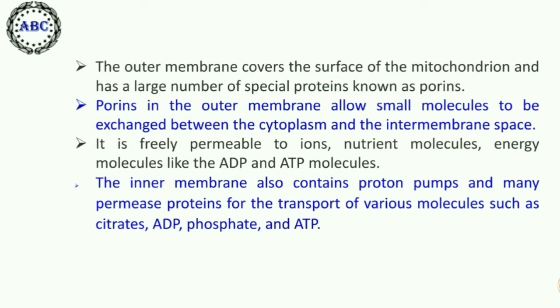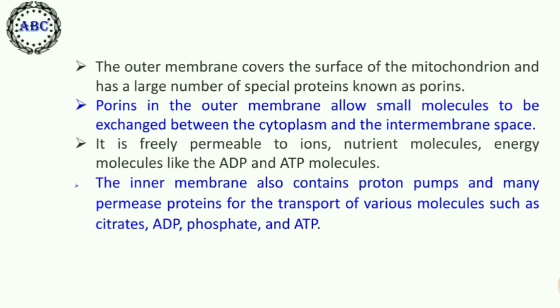The outer membrane covers the surface of the mitochondrion and has a large number of special proteins known as porins. Porins in the outer membrane allow small molecules to be exchanged between the cytoplasm and the intermembrane space.